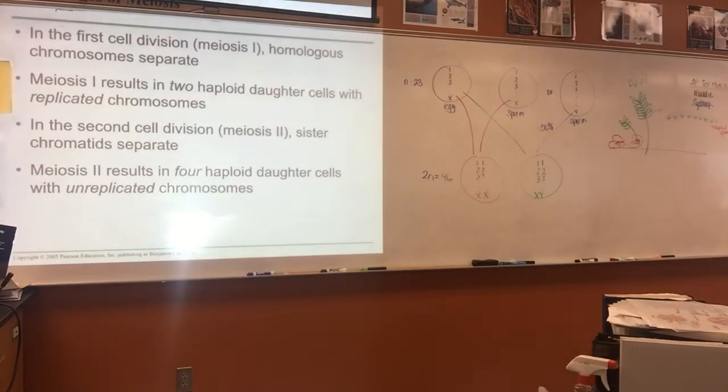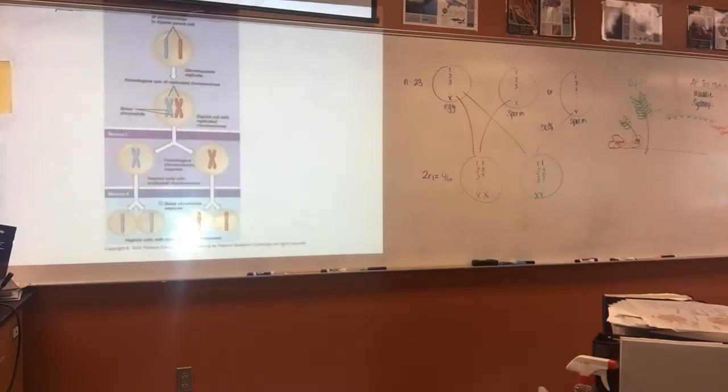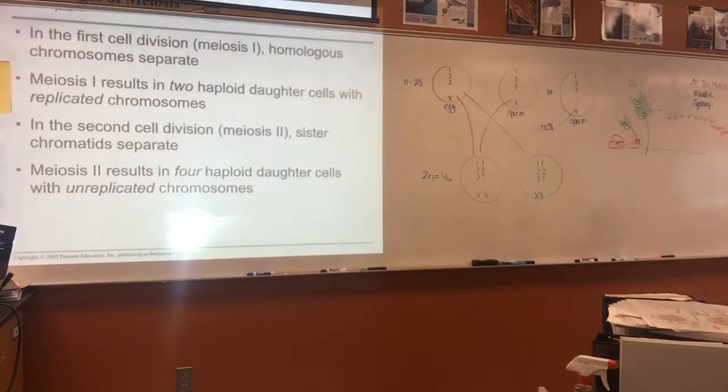And meiosis 2 results in 4 haploid daughter cells with unreplicated chromosomes. We have this picture that shows you this.